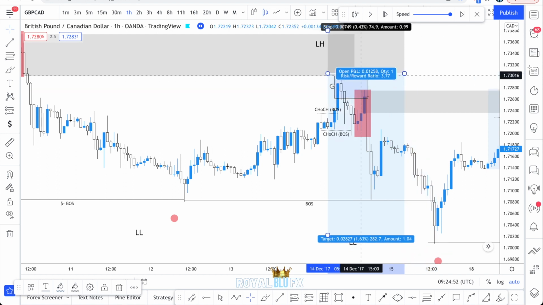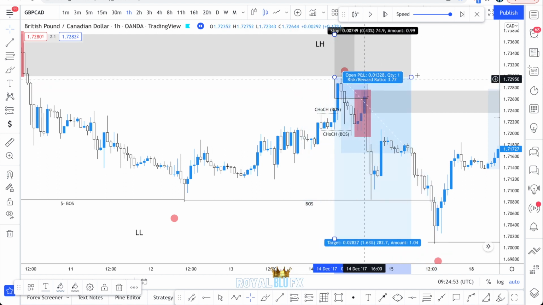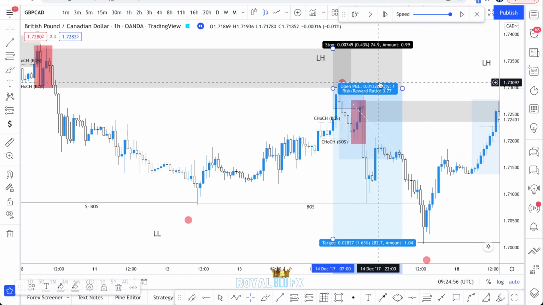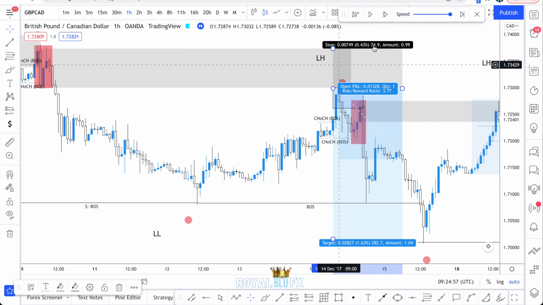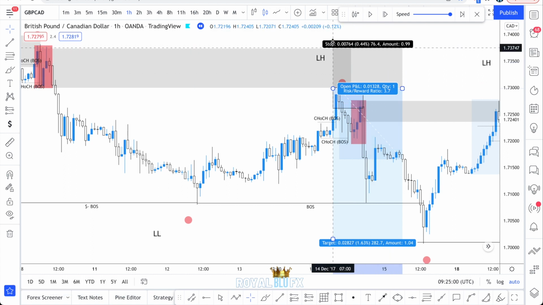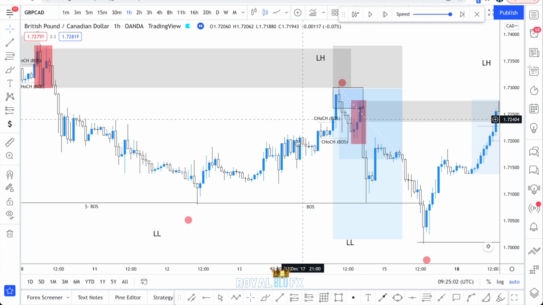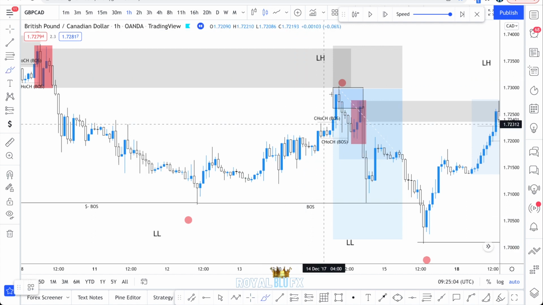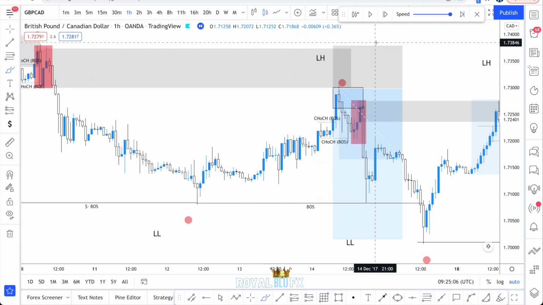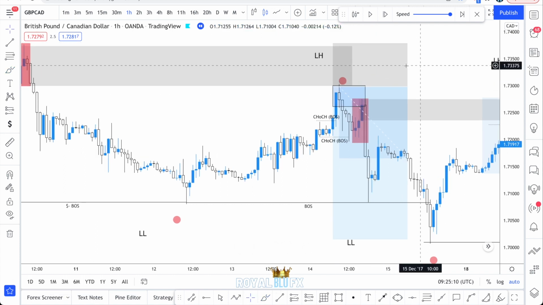You can obviously see taking a risk entry like this maximizes your risk by a lot. And if the trade should ever go against you, you would lose a lot more than you would with a confirmation entry.